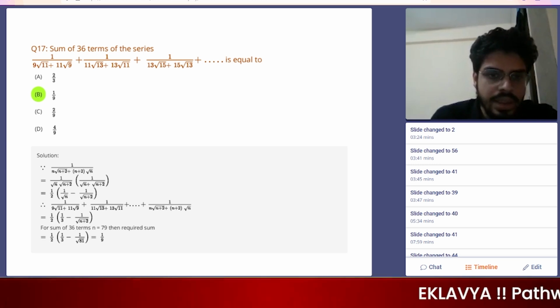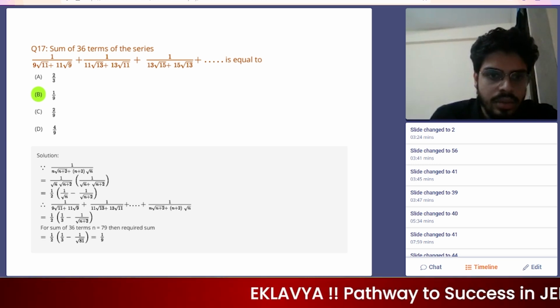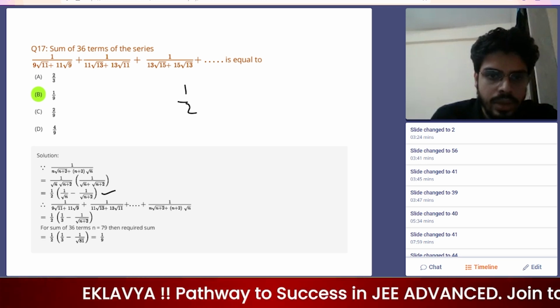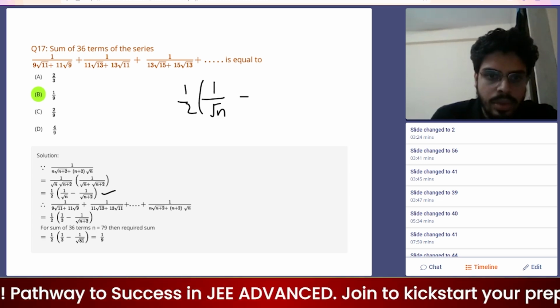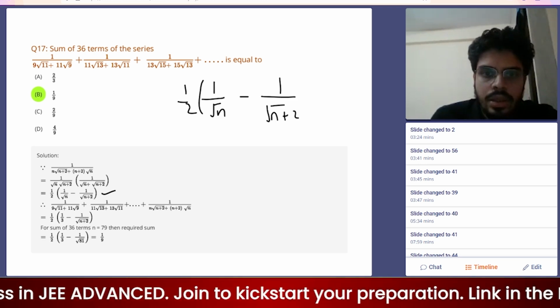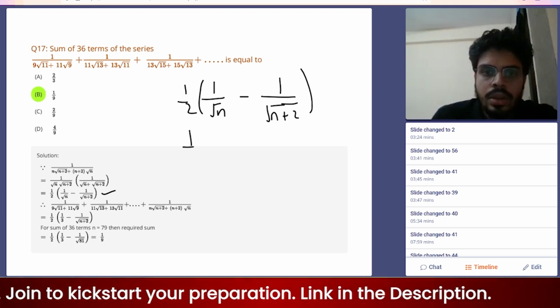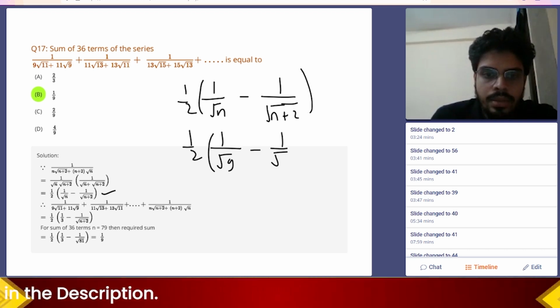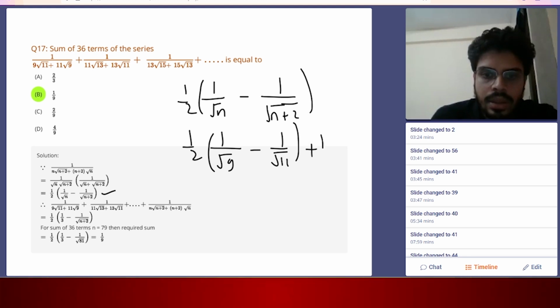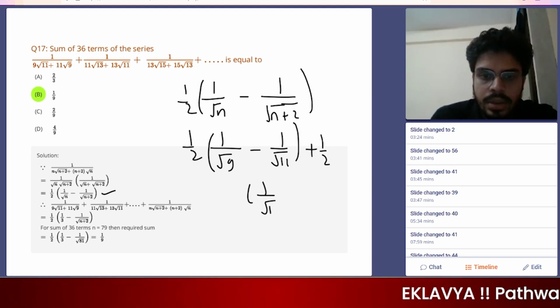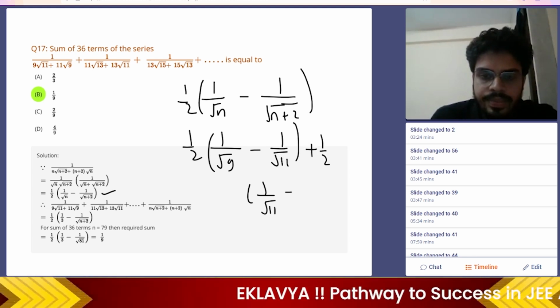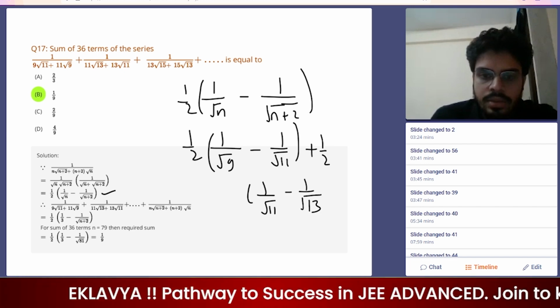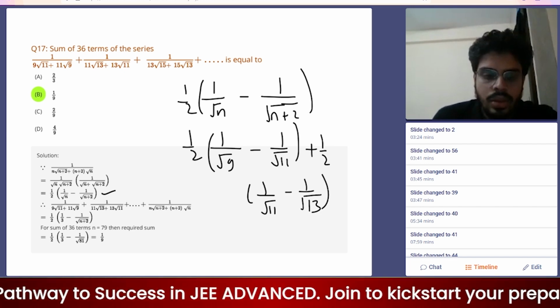So I got this value: 1 by 2 into 1 upon root n minus root n plus 2. So this will be 1 by 2, 1 by root 9 minus 1 by root 11. The next term will be 1 by 2, 1 by root 11 minus 1 by root 13. So all the terms will cancel.